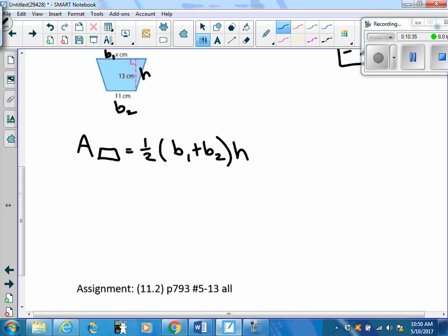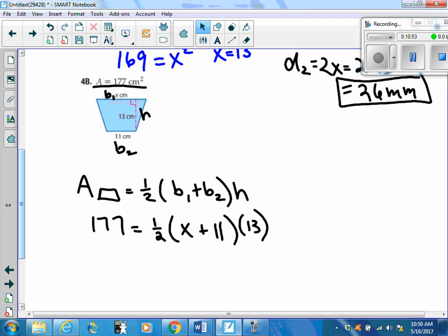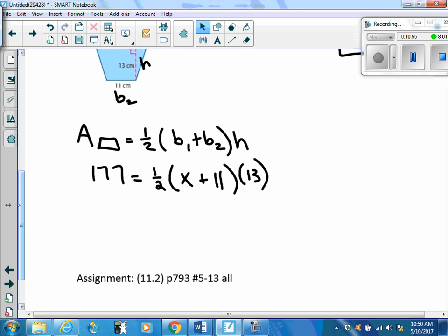Again, fill in the parts that you do know. I know the area is 177. I have the 1/2. Base 1 we let be x. Base 2 we let be 11. And the height is 13. Now in this case, I have the 1/2, and I don't have anything that's going to reduce with the 1/2 on the right side of the equation.